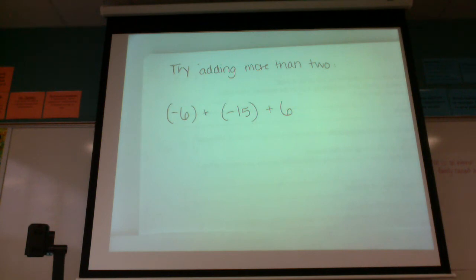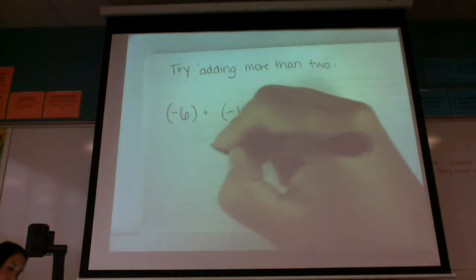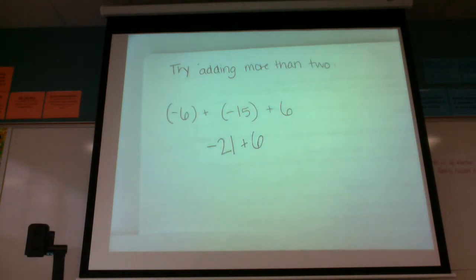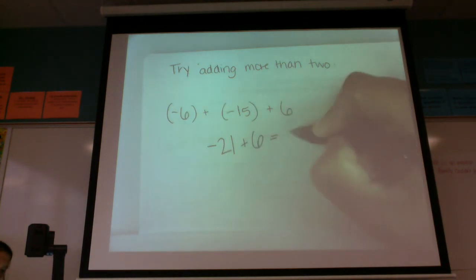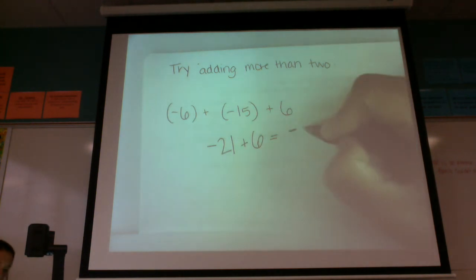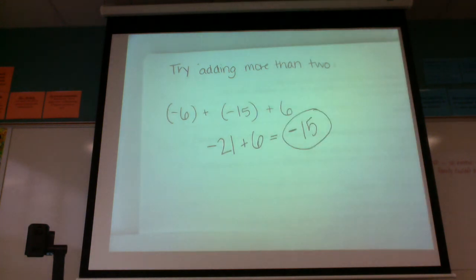If they're both negative, I'm just going to add them together and attach my negative sign. So negative 6 plus negative 15 is going to give me negative 21 plus 6. Okay, now I have a negative plus a positive. Who is going to win that battle? The negative. So I know my answer is going to be negative. I can just subtract those two to get negative 15 as my answer.